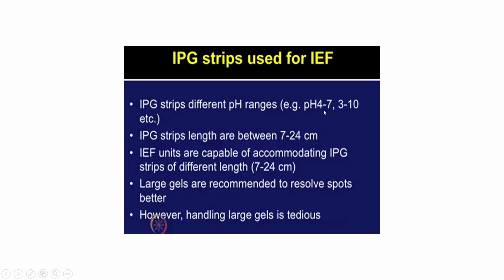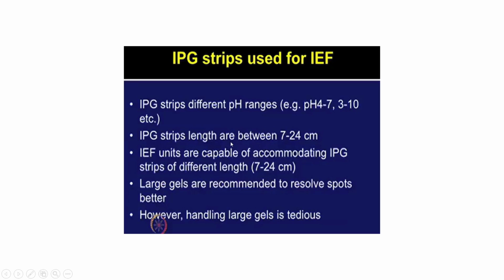If the PI of your protein of interest is above 7, you cannot use this strip; you'll have to use this specific one, so that your protein is present in the first dimension. Otherwise it will go out of range in the first dimension itself, and the protein will not be there in the IPG strip.